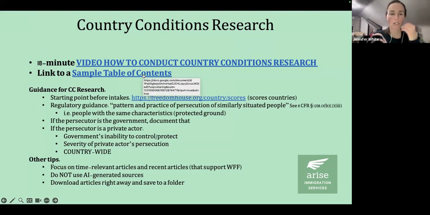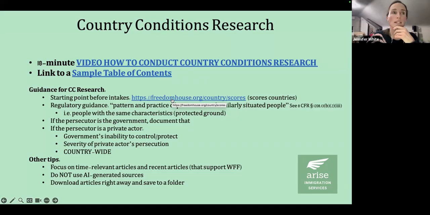So I won't spend too much time on country conditions research, but one of the things that I do just as a cheat is if I'm doing an intake for a country I'm not super familiar with, I look at Freedom House. It's a scoring mechanism that they use to rank how free countries are.